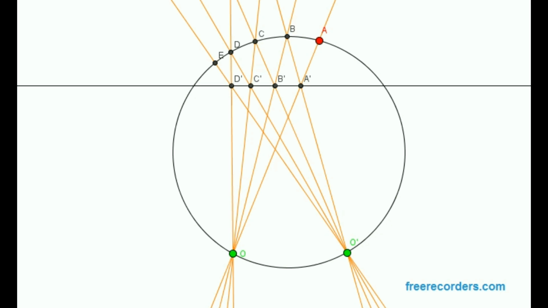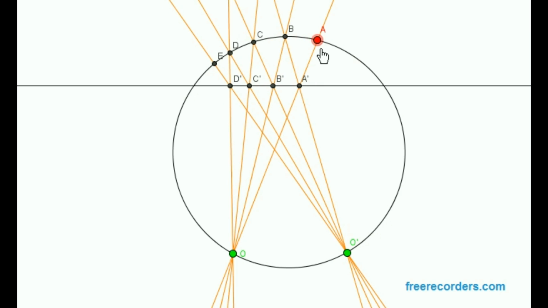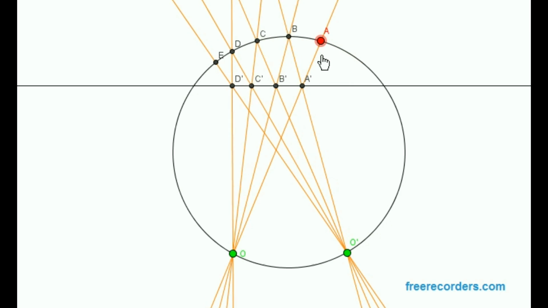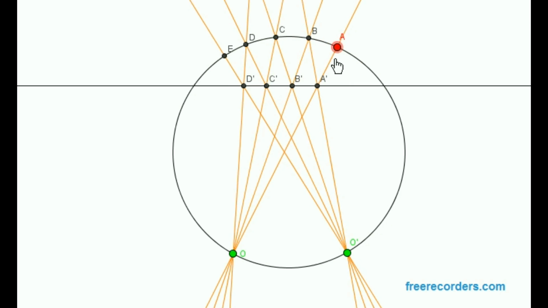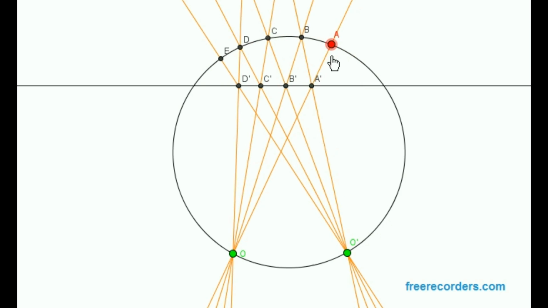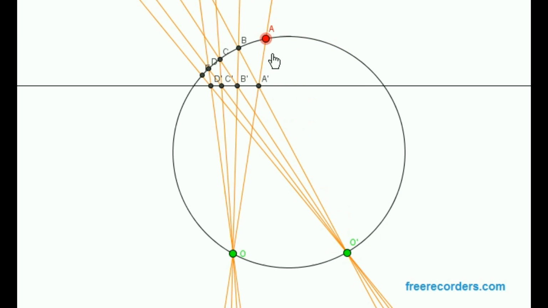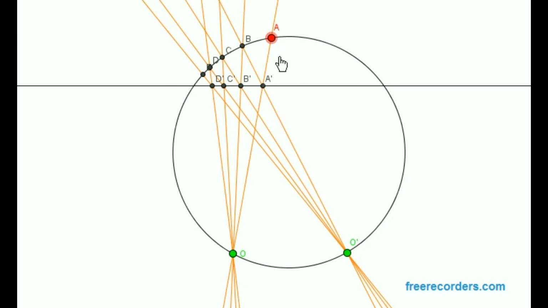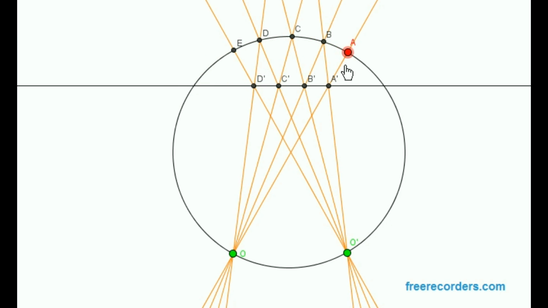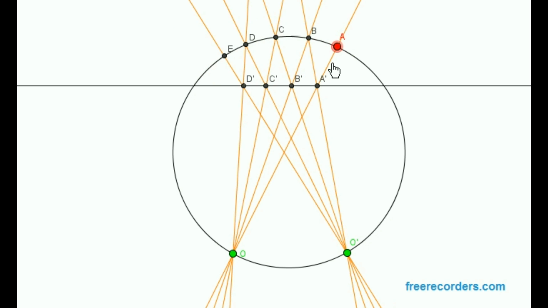Now what's happened here is that we have a mapping from the points on the circle to themselves, but we also have a mapping from the points on the line to itself, to the points on the line. And it turns out that those points have a very special relationship with each other. But let's just have a look at the sort of qualitative aspects of this kind of mapping.